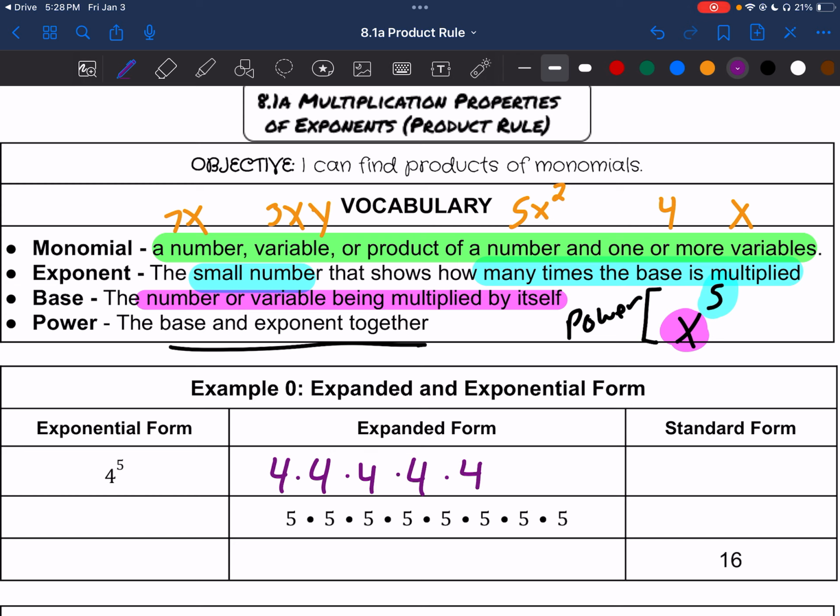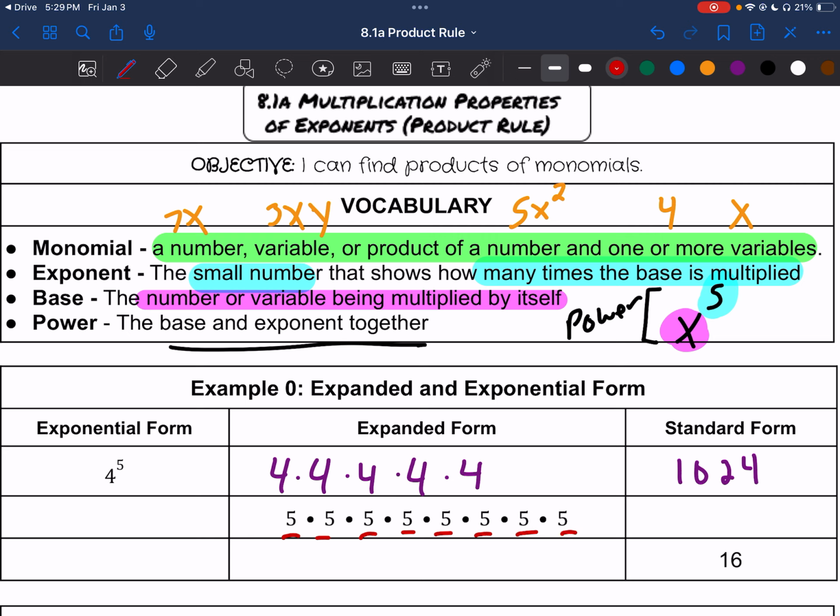Standard form is when you actually do the multiplication on it. 4 times 4 times 4 times 4, and you're going to get 1024. Now, if we look at the second line in this table, we have a group of 5s that are outlined for us. We have 1, 2, 3, 4, 5, 6, 7, 8.